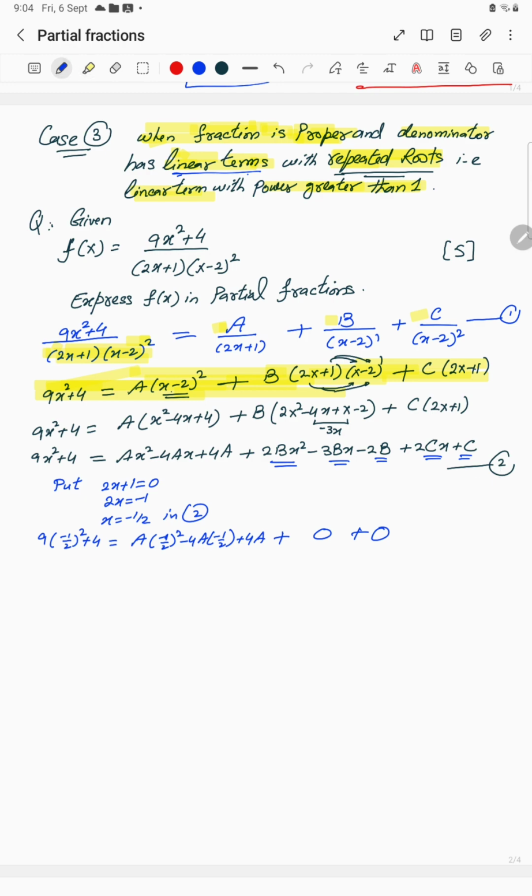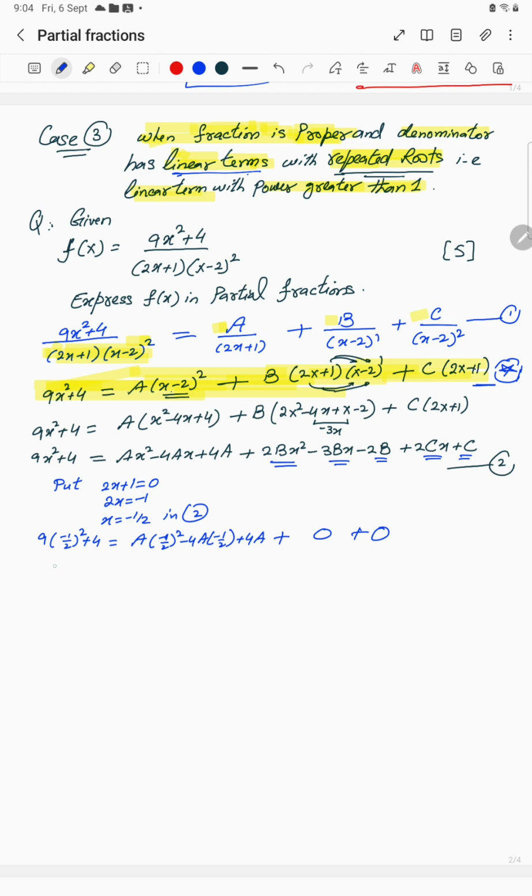So here you can see 2x is minus 1, so minus 1 plus 1 for b is 0, minus 1 plus 1 for c is 0, only a is left. Either you can do this or you can directly put it in this portion, it doesn't affect. Make this equation number star.